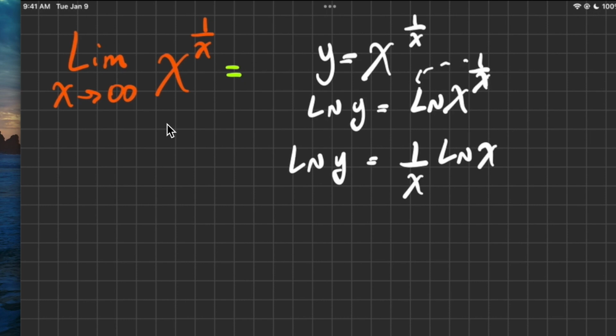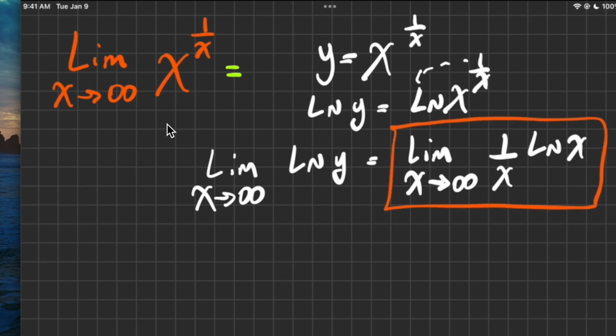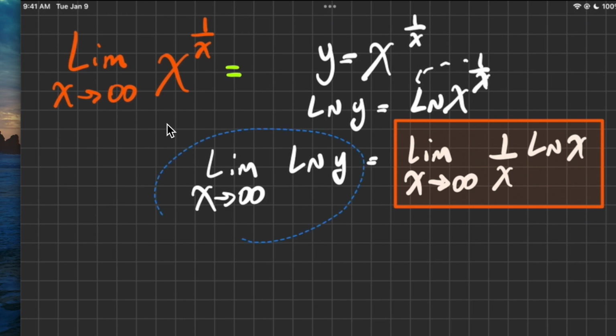Now we're going to take the limit as x approaches infinity of both sides. Now, we're only going to focus on this limit. We're going to leave this left part alone.